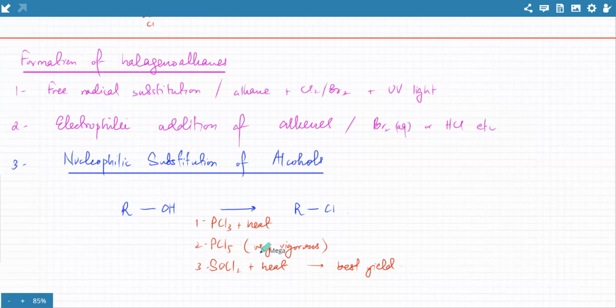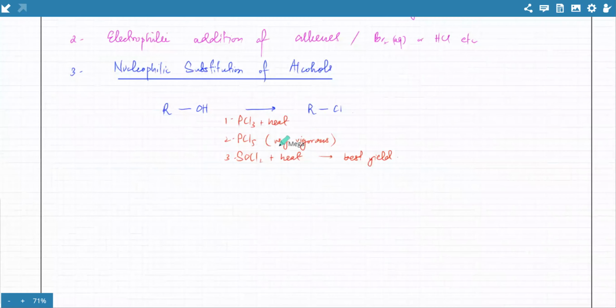Now, to get other halogen-substituted halogenoalkanes, for example, if I want to make RBr, I don't want chlorine, I want to substitute the OH with a Br. The reaction conditions for that are red phosphorus plus bromine plus heat.